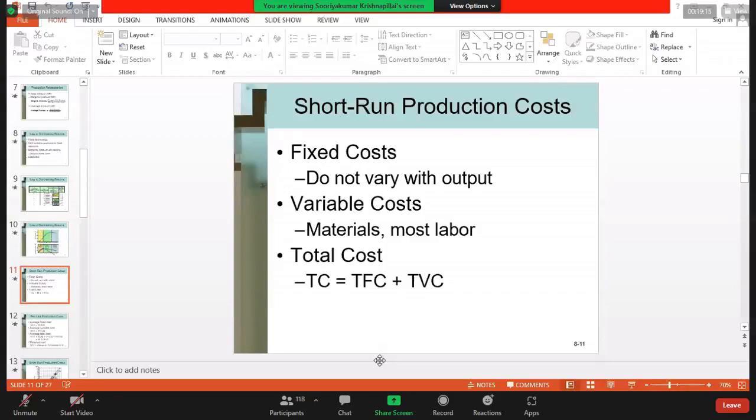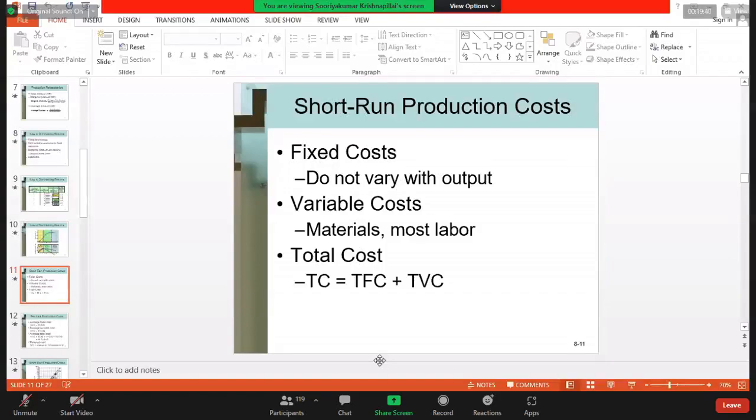Normally the building, machinery, and land may be fixed inputs for a firm. But other inputs, material, fuel, labor, are normally variable inputs.